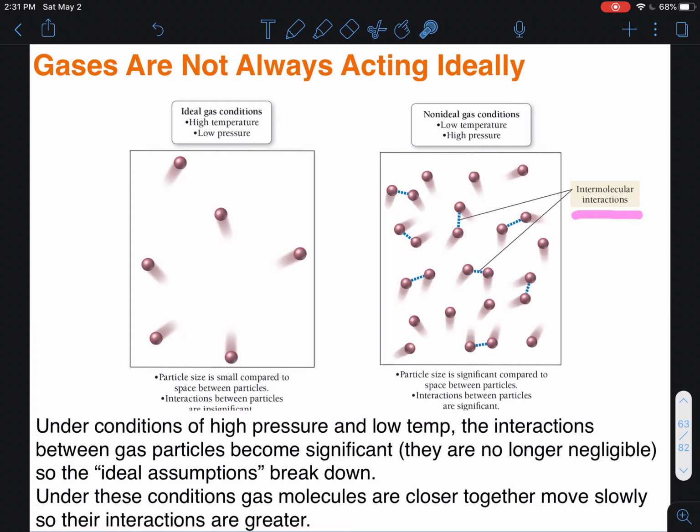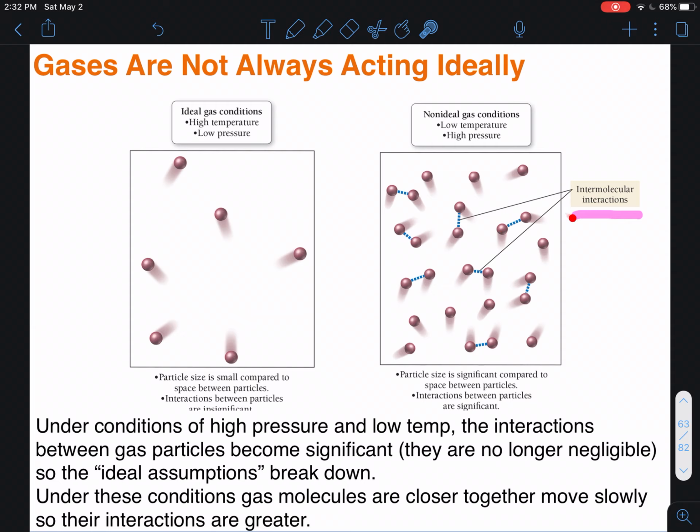We've assumed that because we're assuming that particle size is small and interactions between the particles are insignificant. So if we assume that the gas particles in general don't interact, we don't have to take these intermolecular forces into account when we're predicting the behavior of gases under certain conditions. So this is a situation, low temperature and high pressure, when the ideal gas laws break down. And that's because we have to take into account these intermolecular interactions.